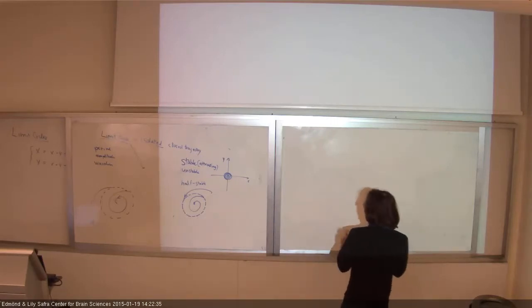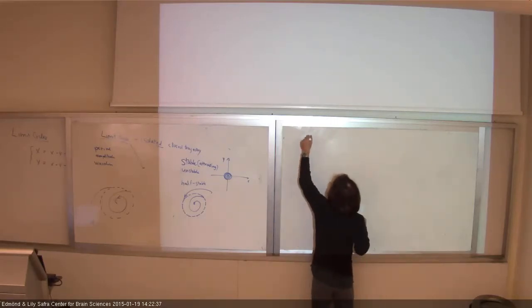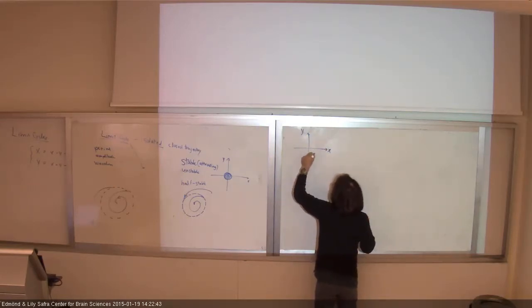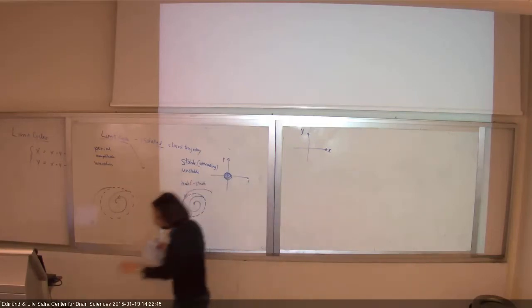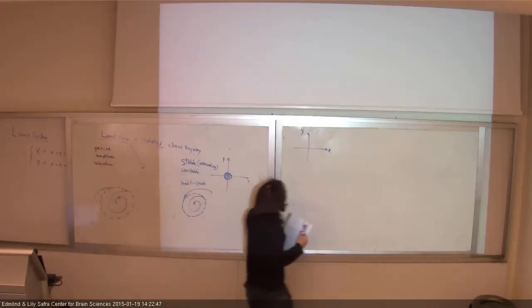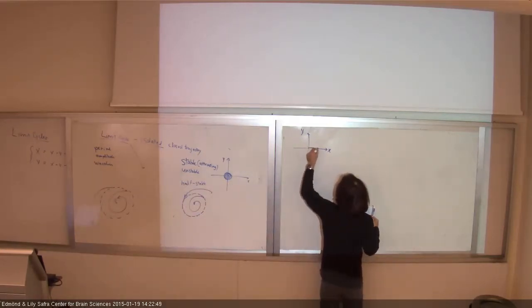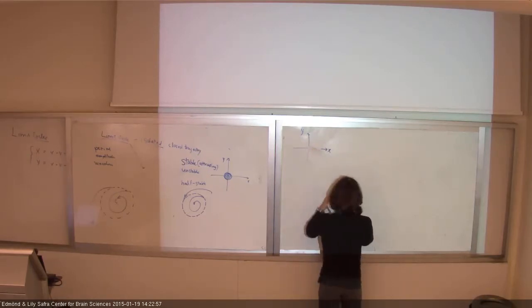Okay, switching to polar coordinates. I don't know if all of you know, but the Cartesian coordinate system is not the only one that we have. We also have polar coordinates on the two-dimensional space.